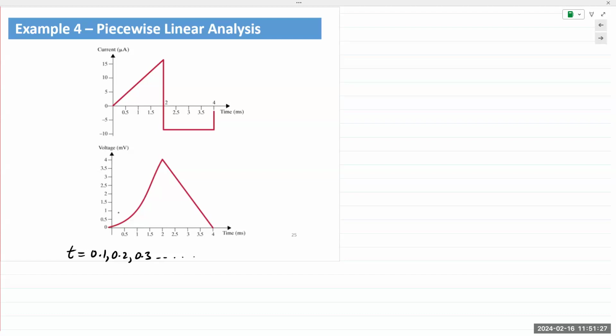Okay. Whatever method you choose, as engineers, you should be able to take these values and create a waveform out of that, plot a chart. And so when you plot the chart, it looks like this. All right.